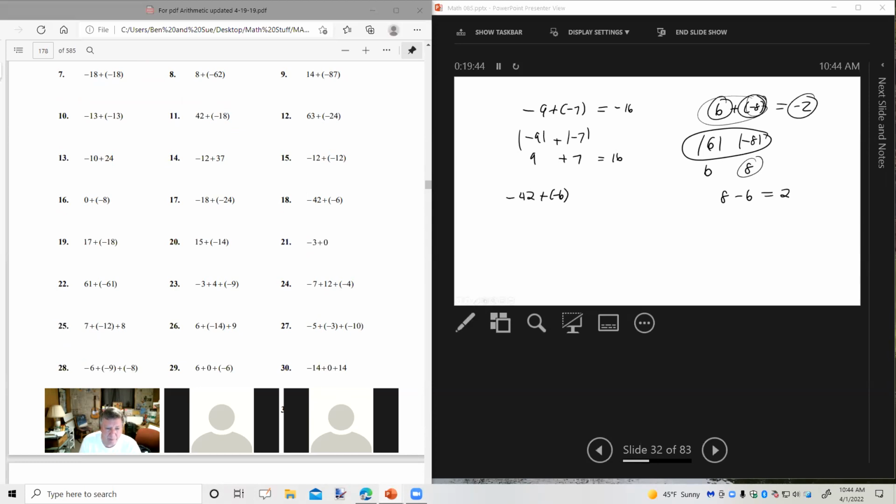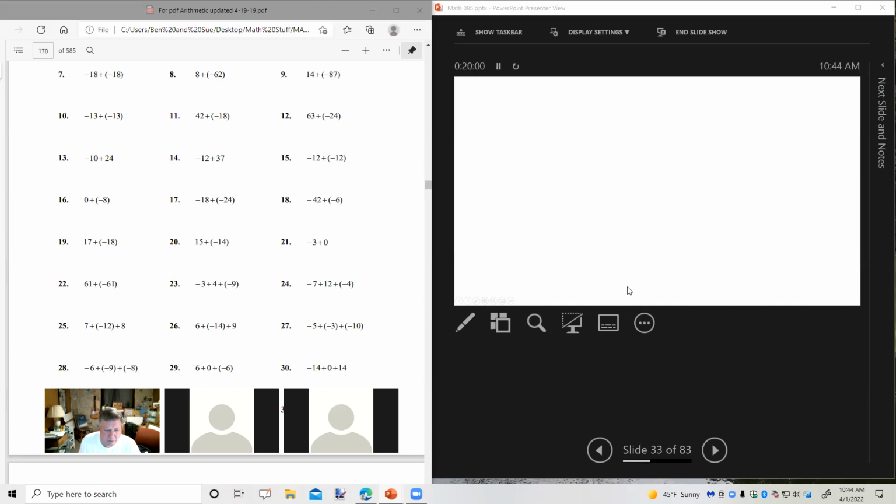We're adding 2 numbers with the same sign. Their absolute values would be 48. The common sign is negative, so -48.